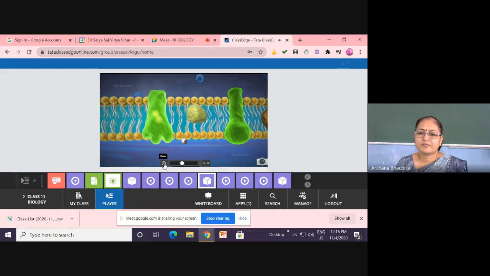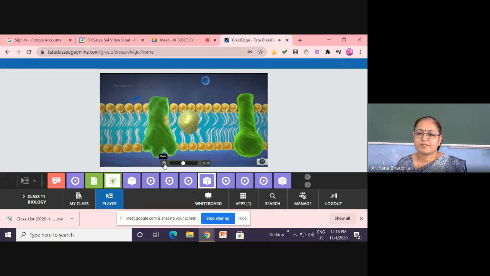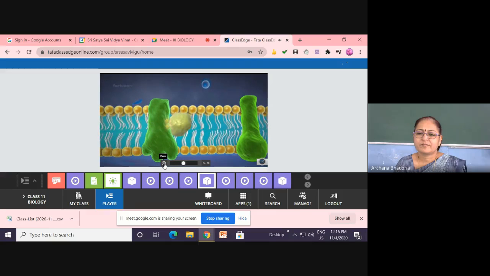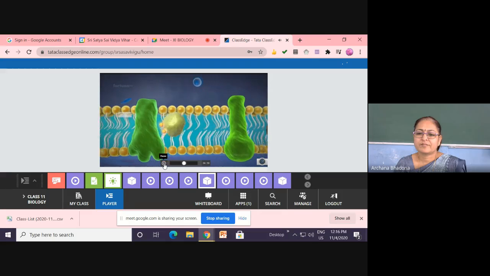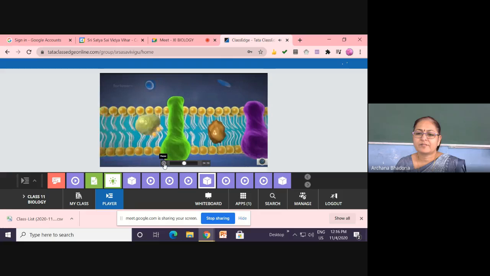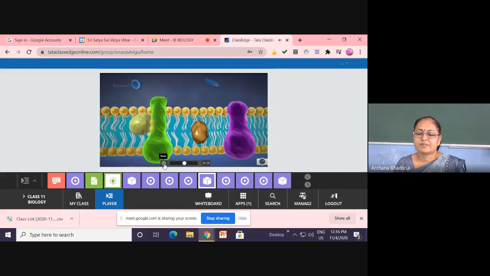The NADHQ reductase will absorb the released energy and use it to pump the proton into the inner membrane space. The electron from NADHQ reductase will now bind to ubiquinone, a mobile carrier protein, which will carry the 2 electrons to the next protein complex, cytochrome C reductase.